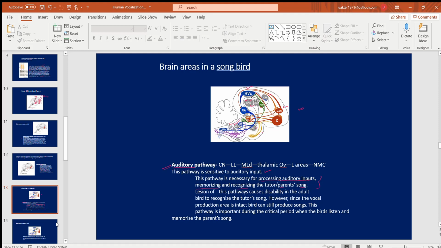This pathway is important during the critical period when the birds listen and memorize the parent song. So listening and memorizing are the main functions of this area.